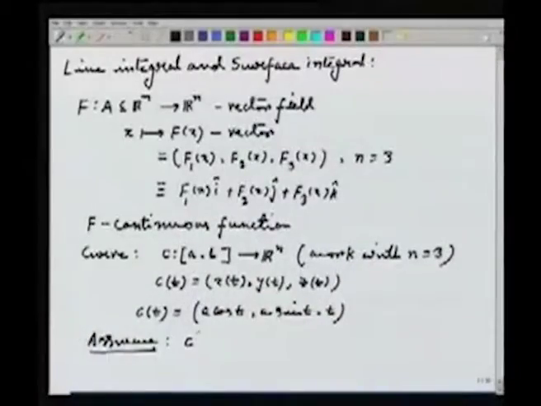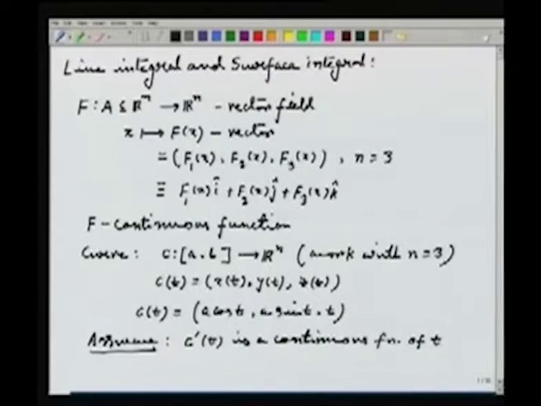The property is that C prime(t) is a continuous function of t.